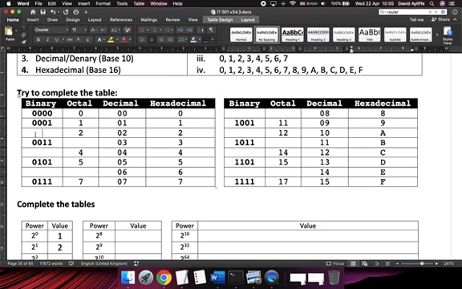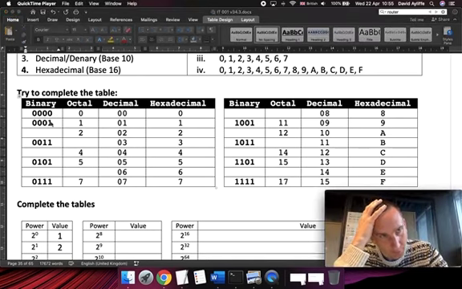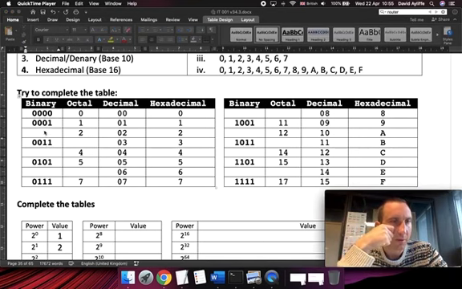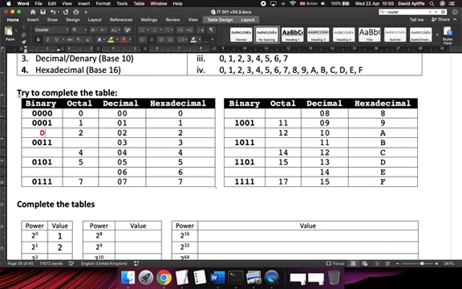Now, binary. So 0, this is 1, this is 3. How is this 3? If this is 1 and this is 3, how do we make 2? 2 probably looks like this.